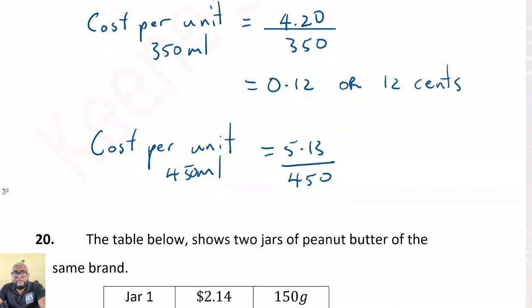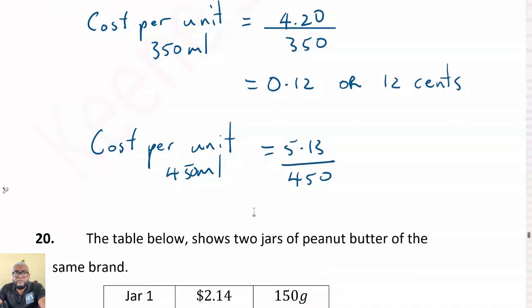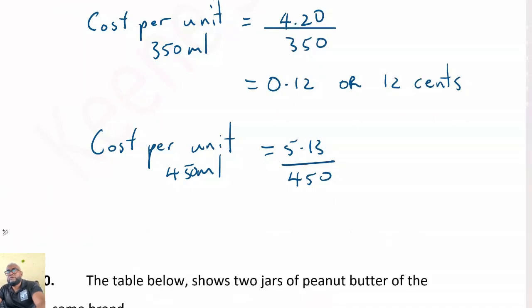That is 0.0114, so to two decimal places, we're good. Two decimal places is money, so there'll be 11 cents.